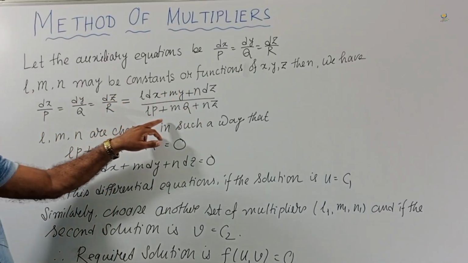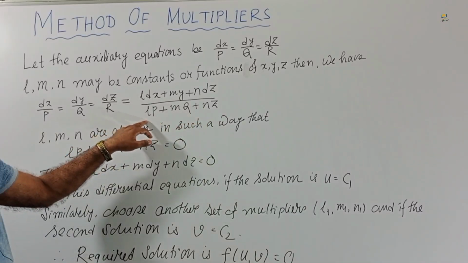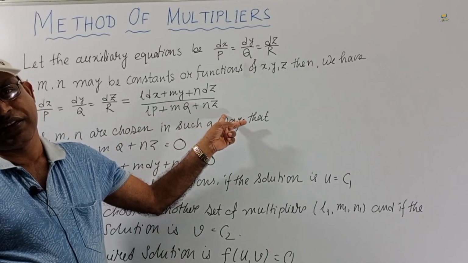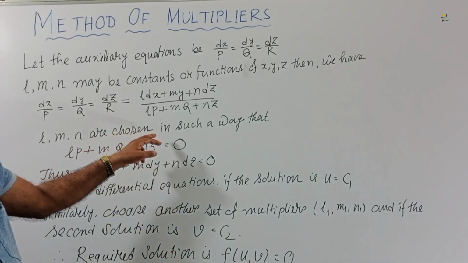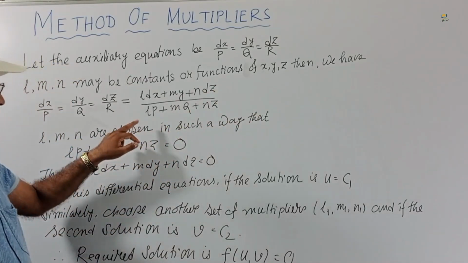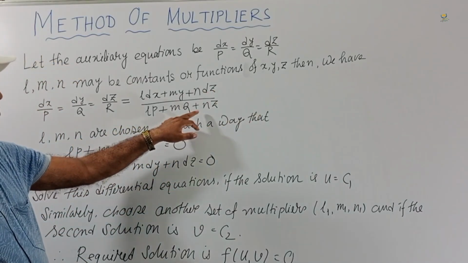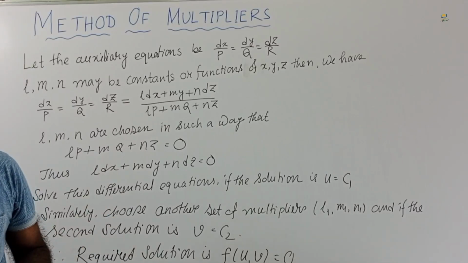We choose L, M, N in such a way that the denominator L P plus M Q plus N R equals 0.